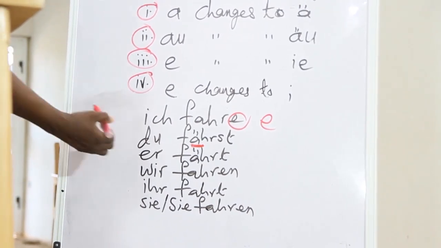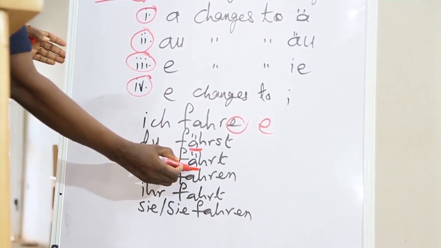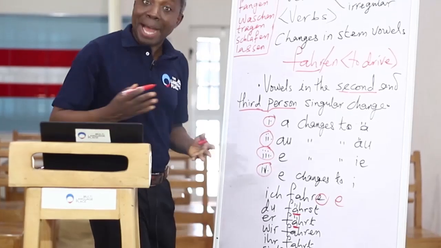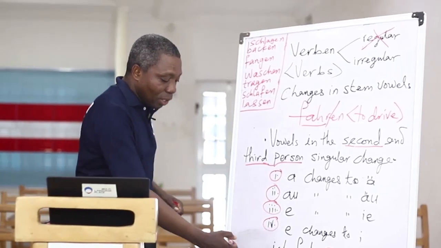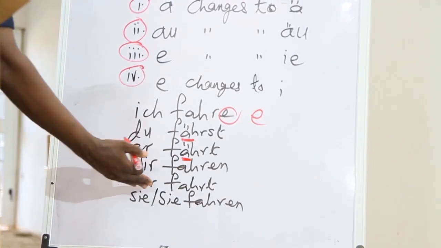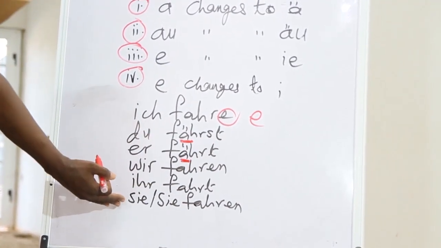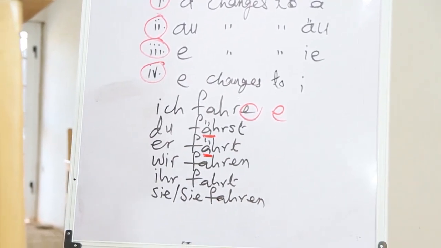And then the third one, fährt. Of course, you see the umlaut again. It has changed from A to A with umlaut. And then we have wir fahren, ihr fahrt, and then sie fahren. Okay, so we're going to repeat it together now.